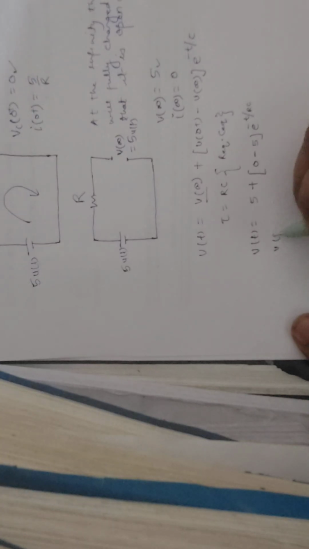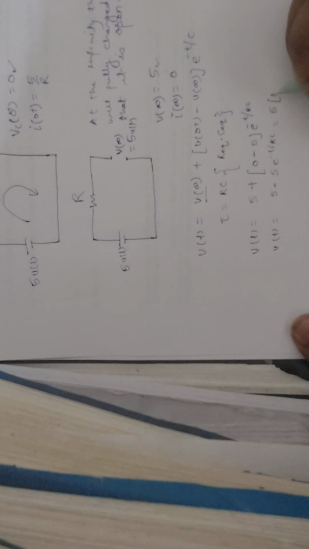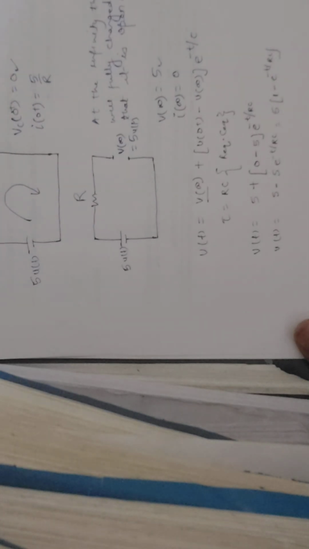So what is v of t? Like 5 minus 5 e to the power minus t by RC. So 5 into (1 minus e to the power minus t by RC).